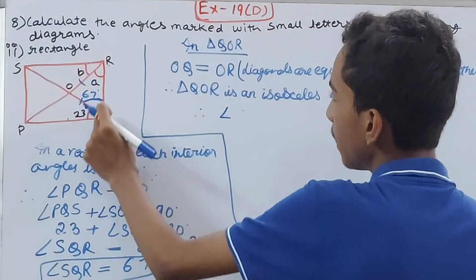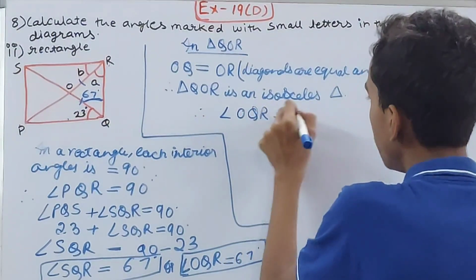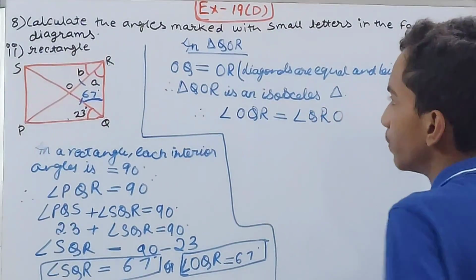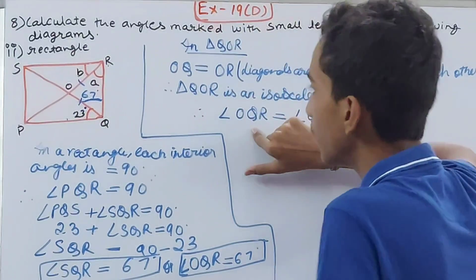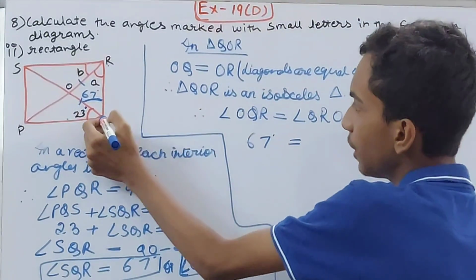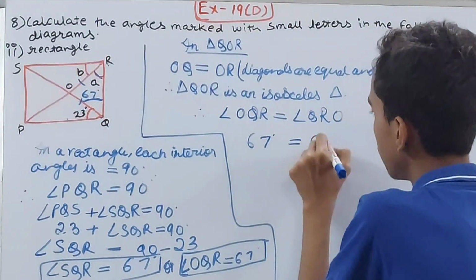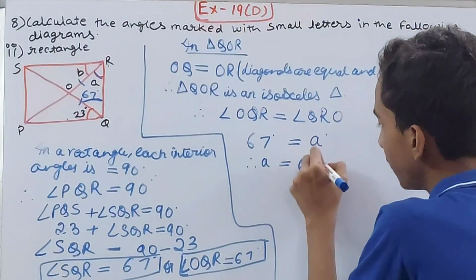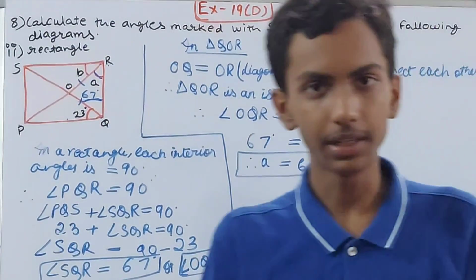OQR and QRO. Angle OQR will be equal to angle QRO. So OQR is 67 degrees and angle QRO measures 67 degrees. Therefore you have the first alphabet that you have to find out, A, that is 67 degrees.